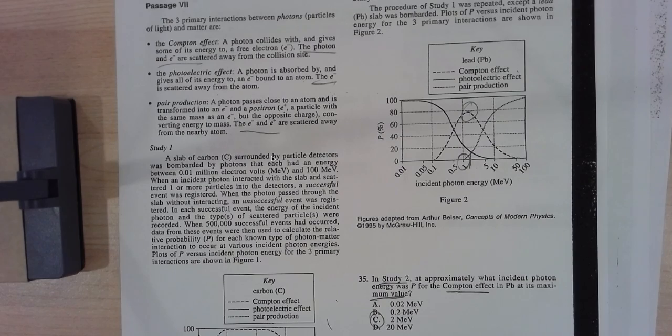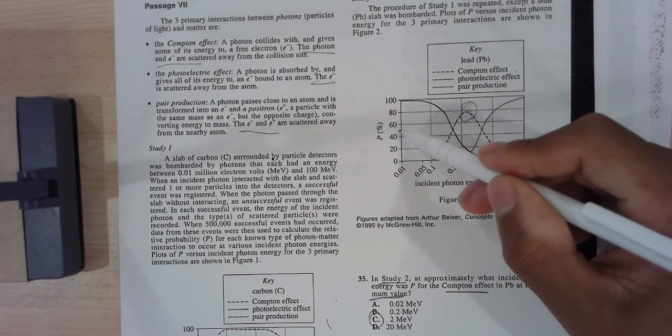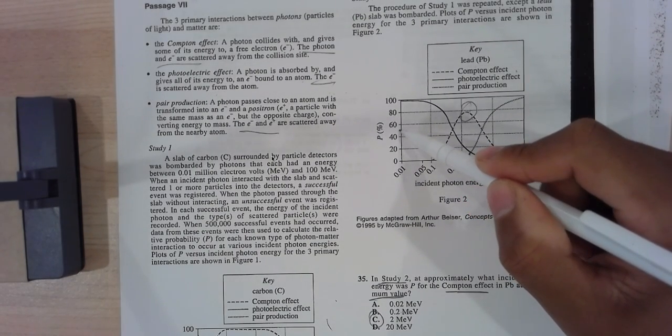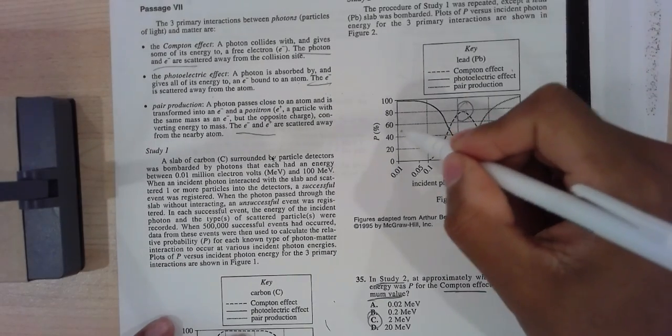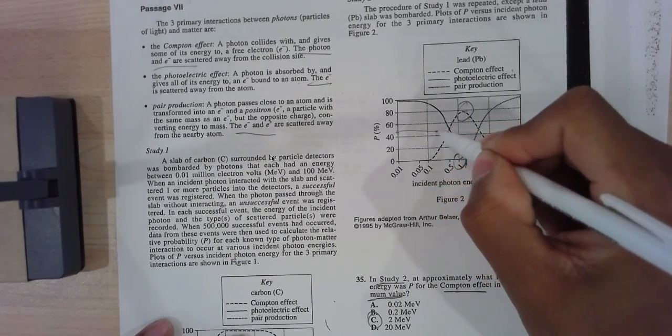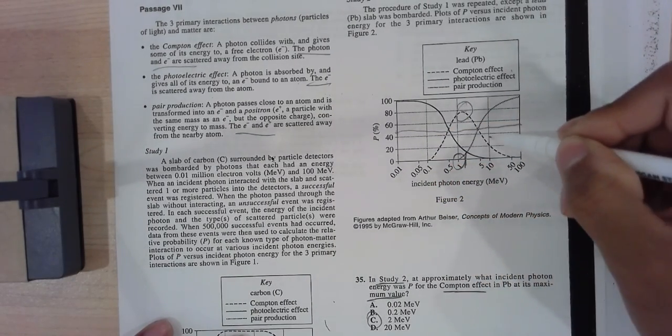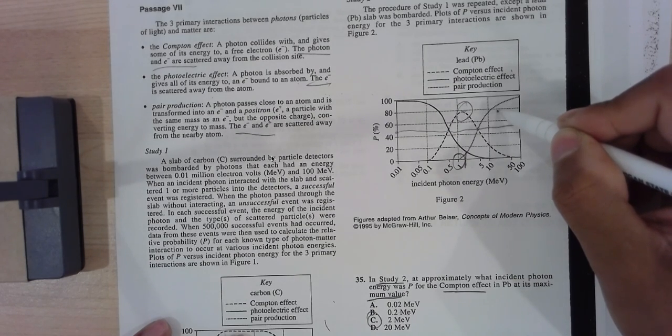Above what incident photon energy is pair production higher than 50%? So what they're asking for is, when is it higher than 50? So above this line, when is it for pair production?